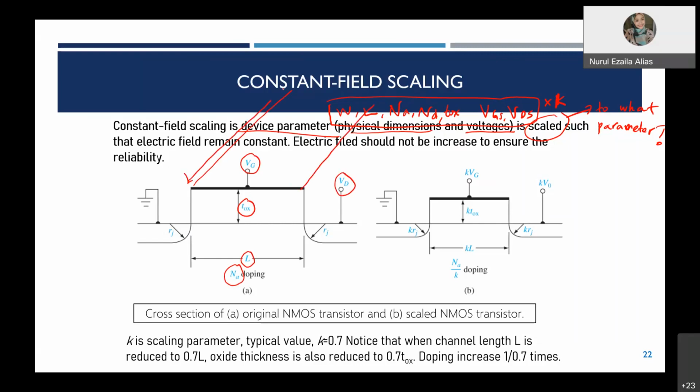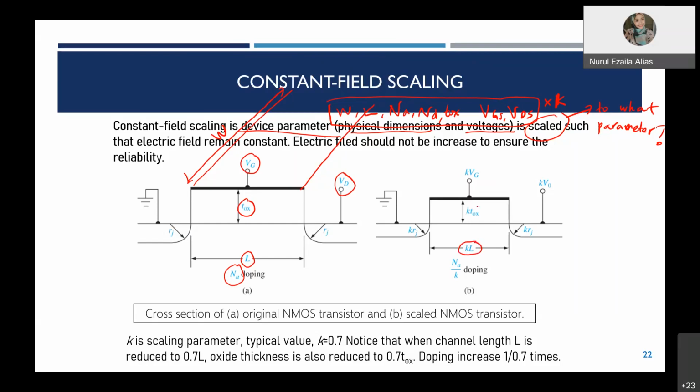So this is the width of your transistor. So constant field scaling means that you multiply all these device parameters, the physical dimensions as well as the voltage, with the K parameter. For example, here you can see the physical parameters: channel length, gate length, you multiply by K.